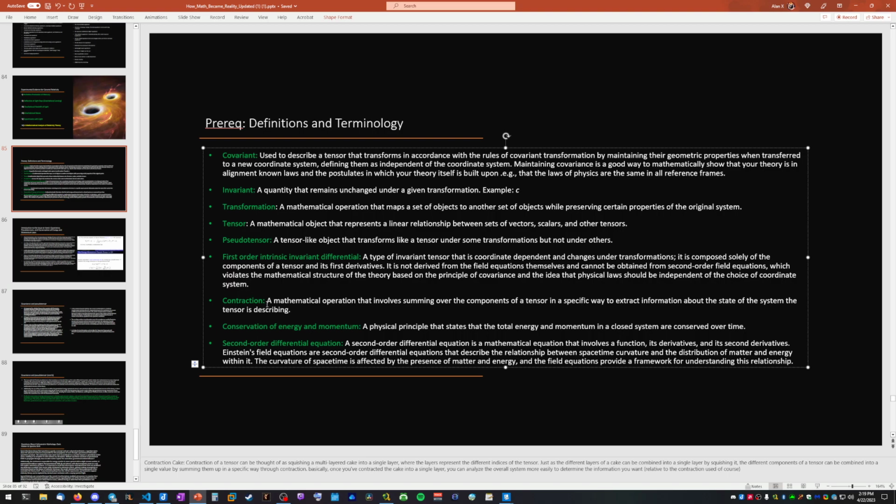Okay, so contraction: a mathematical operation that involves summing over the components of a tensor in a specific way to extract information about the state of the system the tensor is describing.